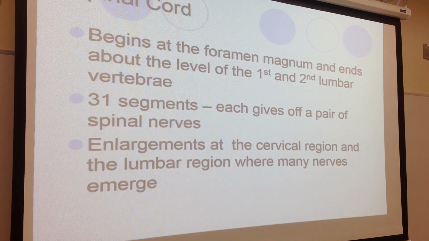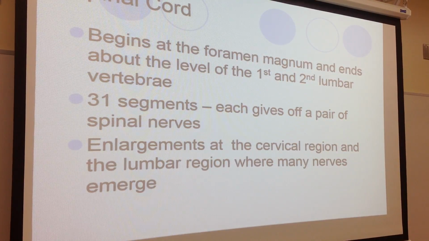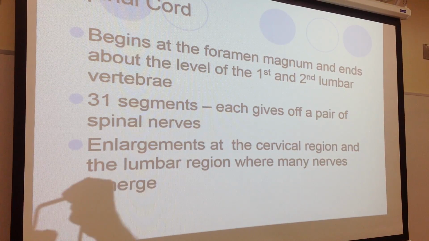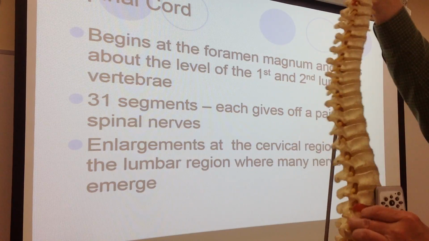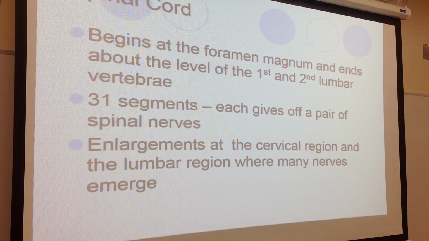There are 31 segments of spinal nerves that are given off from the spinal cord, and those are going to be named basically for the vertebrae, as we can see from this lovely little model, from which they emerge, and more on that in a bit. All right, there are two enlargements in the spinal cord.